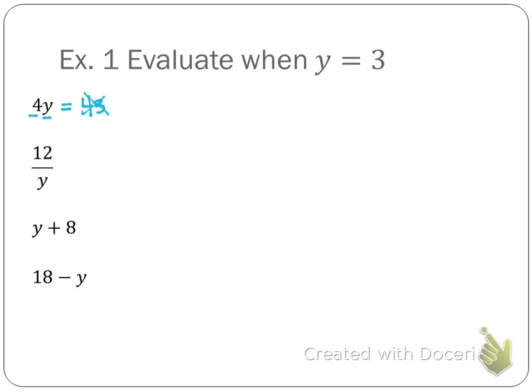So you want to use multiplication. I do not care how you write multiplication. You can do 4 parentheses 3. You can do 4 and use a little dot. You can do 4 and times 3. Doesn't matter. They all say multiplication. So 4 times 3 is what? 12. So this is my answer, okay?